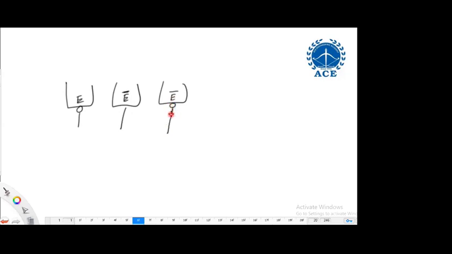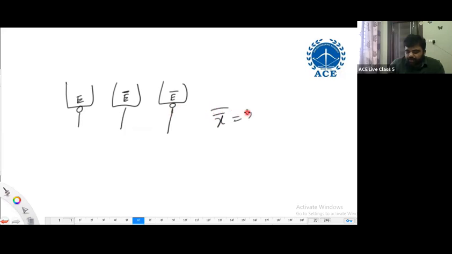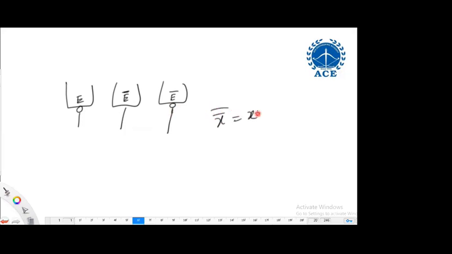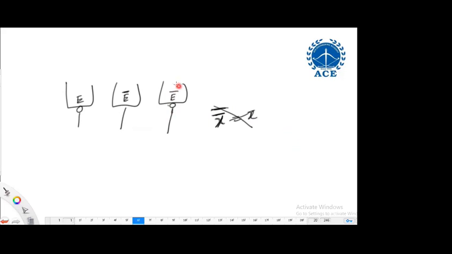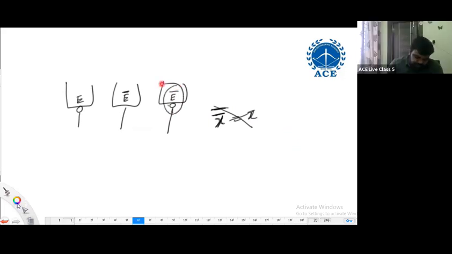This is also logic 0 enable. Logically, don't go with x bar whole bar equals x. Logically, you are correct, but with respect to enable, it is not correct. In enable, blindly follow, it is also logic 0 enable. That's what I said.